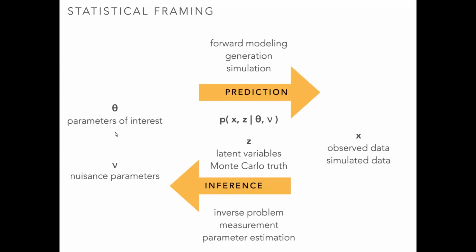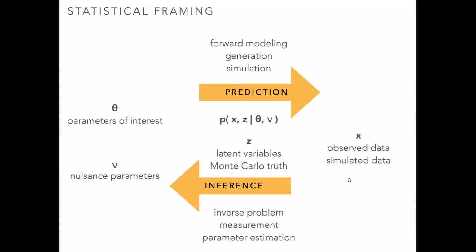The parameters of interest are usually the ones that we would like to infer, which for me as a particle physicist might be the mass of a new particle or how strongly it interacts with other particles. The nuisance parameters might describe things like my experimental apparatus, like I don't know the calibration constants perfectly. I don't necessarily care about inferring the nuisance parameters, but they will have an impact on the distribution of the data.